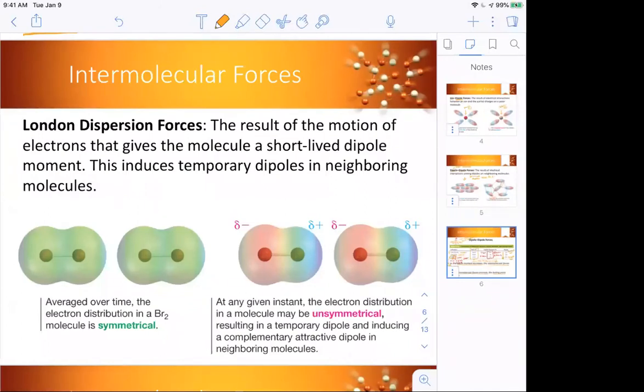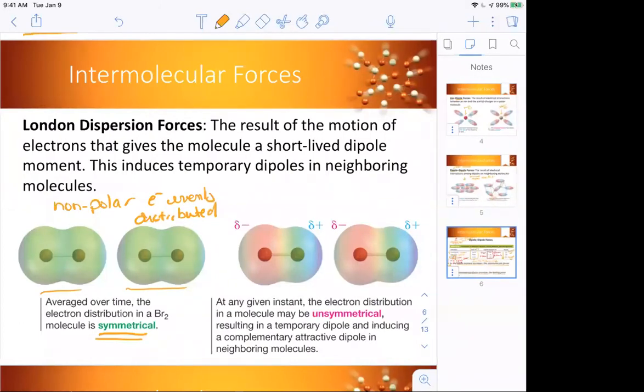So most of the time, let's say it evens out and it's symmetrical. This would be in a non-polar situation. My electrons are evenly distributed. I don't really have a partial negative or a partial positive anywhere. This is all symmetrically distributed.